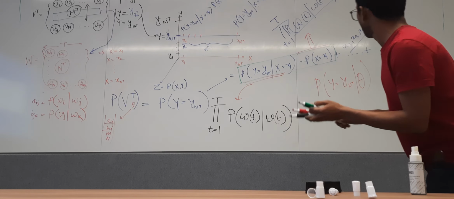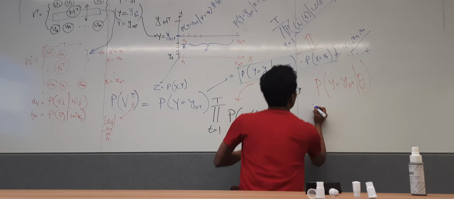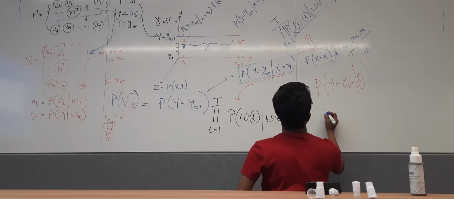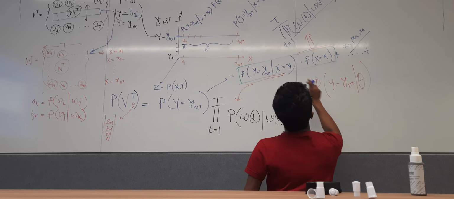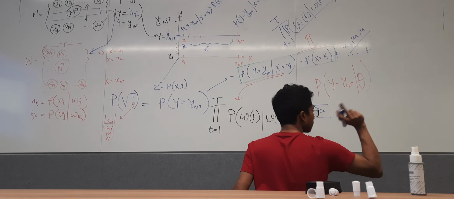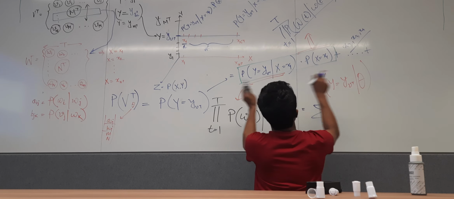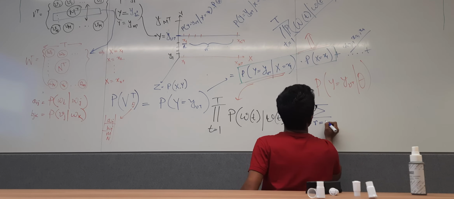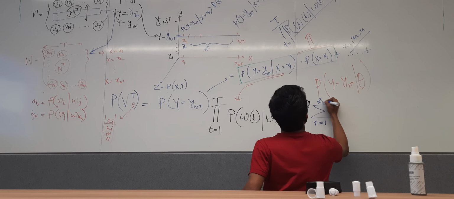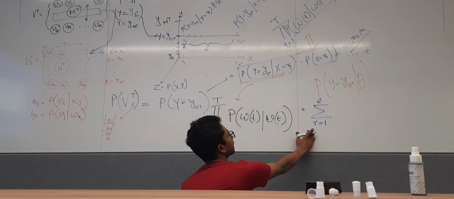It equals, how many terms were there? 1 to n to the power T, so I have to put a summation, and let us call this running variable r. We are clear here?